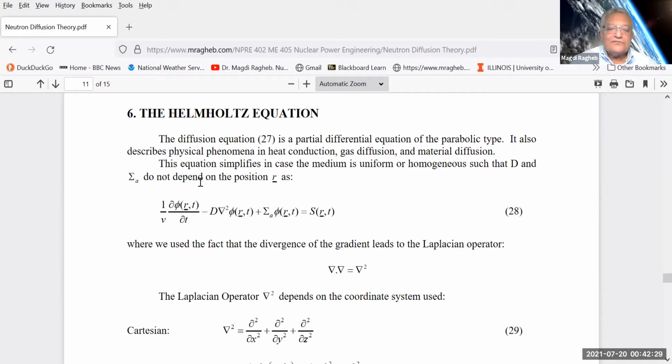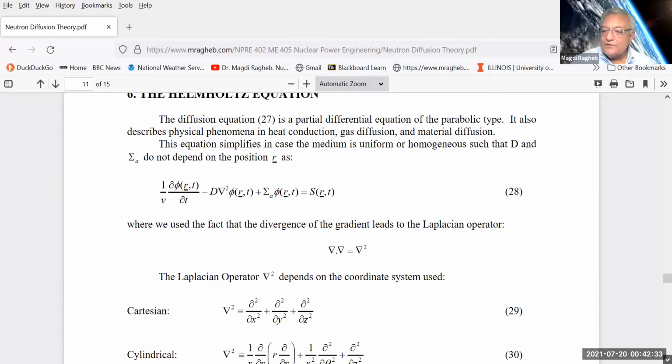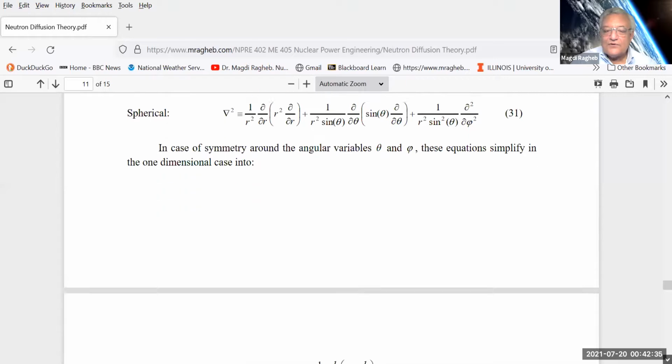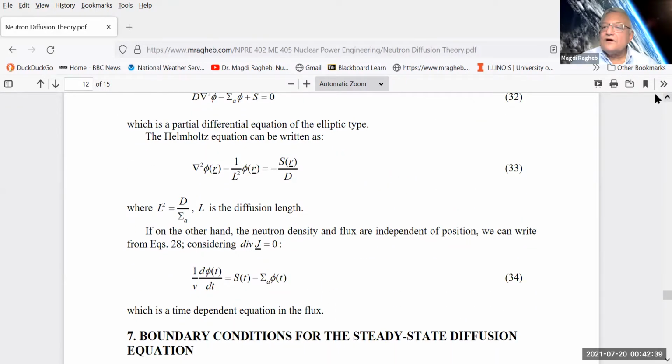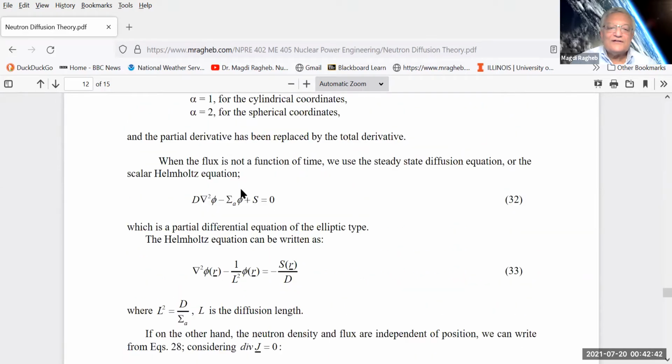So if we take out the time dependence, we end up with a very simple equation, and that is what we call the Helmholtz equation. And this is the equation that governs the behavior of neutrons in any medium. So look at the simplification here. The time dependence is not there anymore. It's only a space dependence.